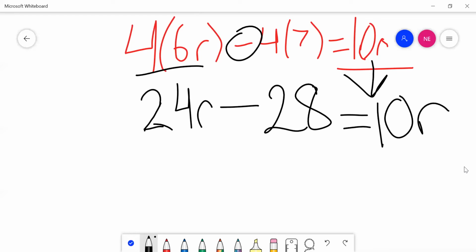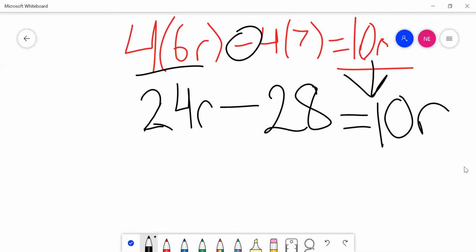Now, this is the third step, but the third step has part 1 and part 2. So this is part 1 of the third step. Now I want to go on to part 2. Part 2 is a little bit easier because when you have variables on both sides, you want to make sure that you have the variable on only one side.